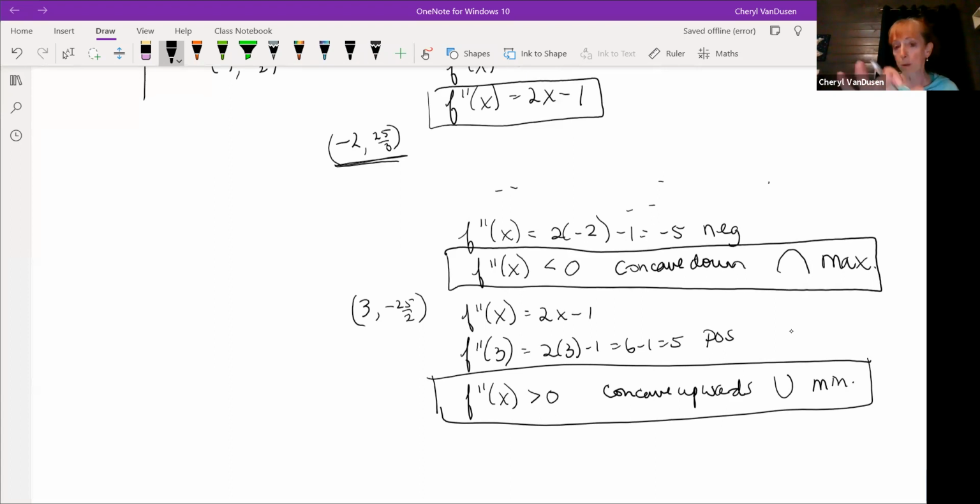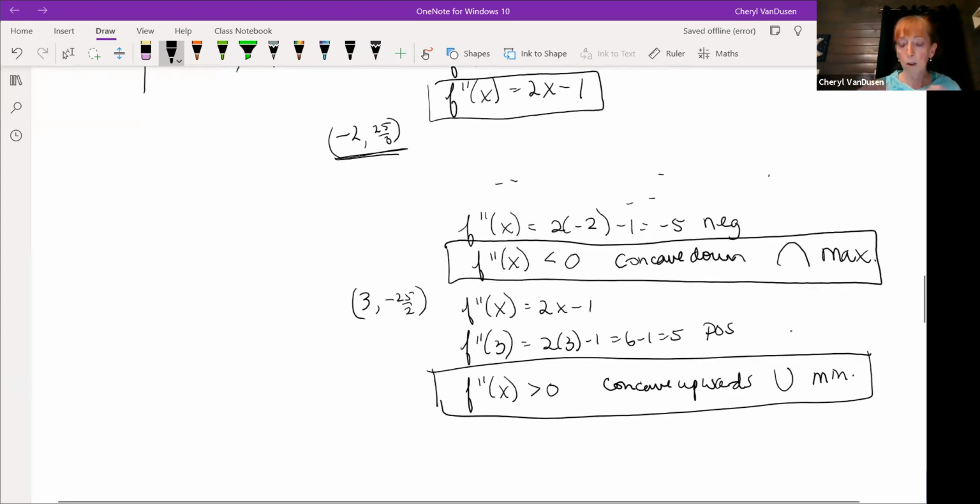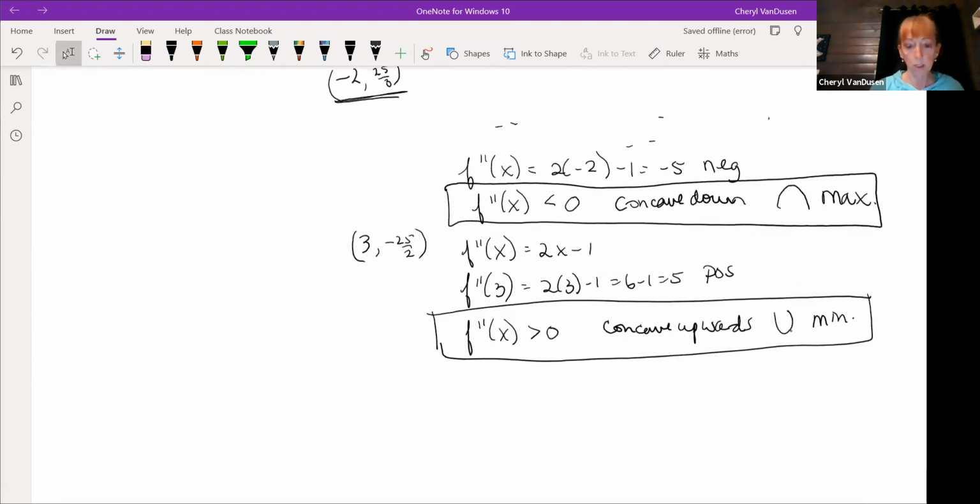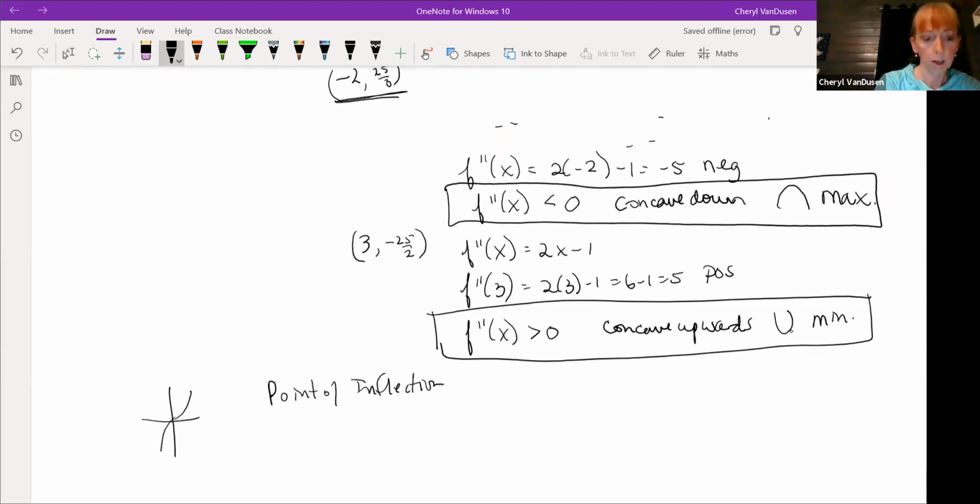You can come back to the recording, sorry about my little blip there on the second derivative, to look at the different ways. The last thing on the second derivative section is if you're trying to find a point of inflection. Now, point of inflection, do you remember cubic functions? They went like a squiggle.